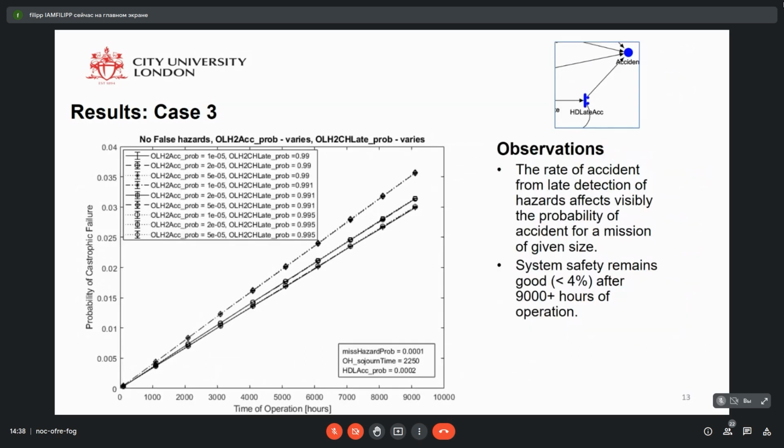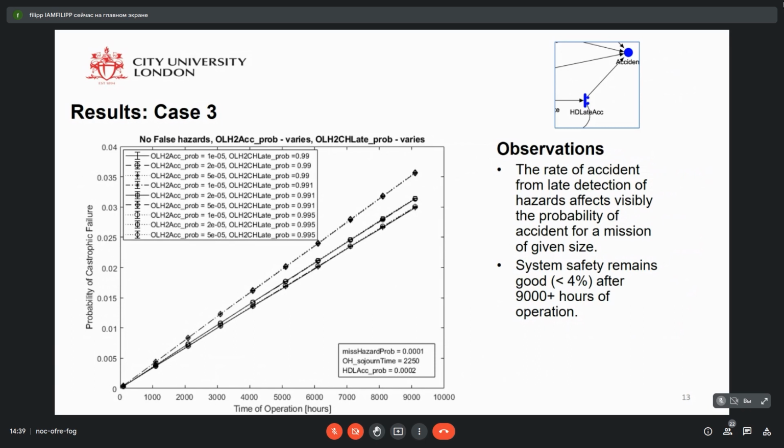So here we had this second case: if the hazard is overlooked and eventually it is detected, how significantly does the likelihood of accident from this delayed, but correct, detection of the hazard affect the safety?